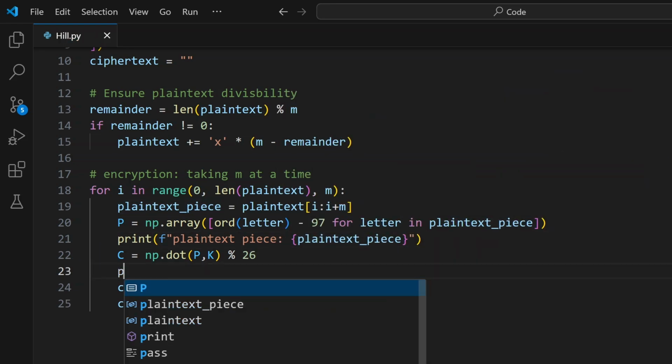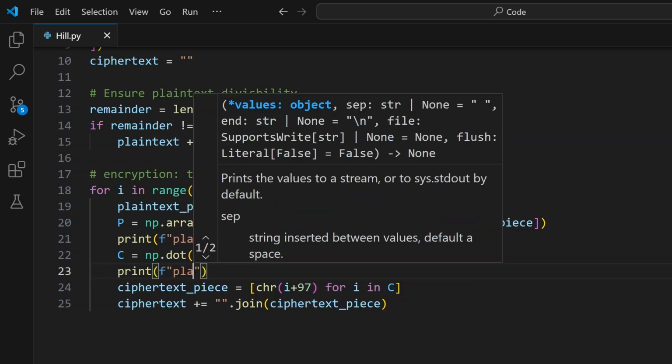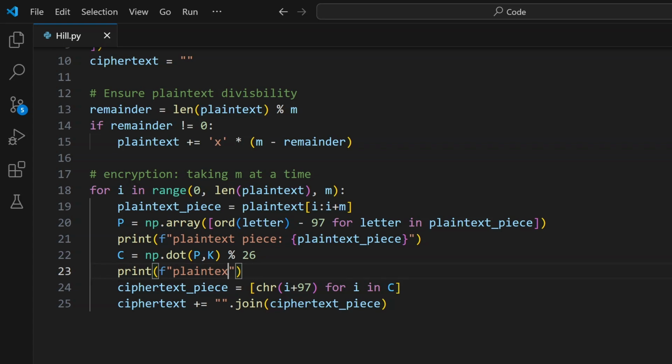Then here we can have, let's just focus on, in the theory section, we also had the cipher modulo 26, so we can have that as well. Just so you compare this with what you got there. So ciphertext piece, and then we have the ciphertext piece as well.